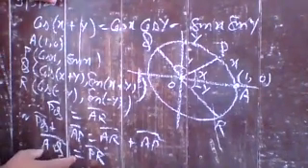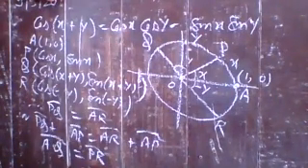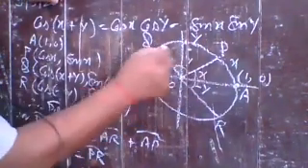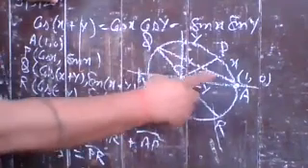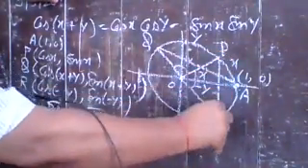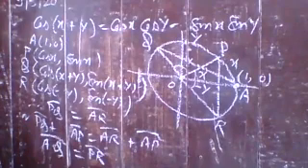If these two arcs are equal, then their corresponding chords are also equal. So in the figure, arc AQ has the corresponding chord AQ. Chord AQ is equal to chord PR, so you join it. These two chords are equal.